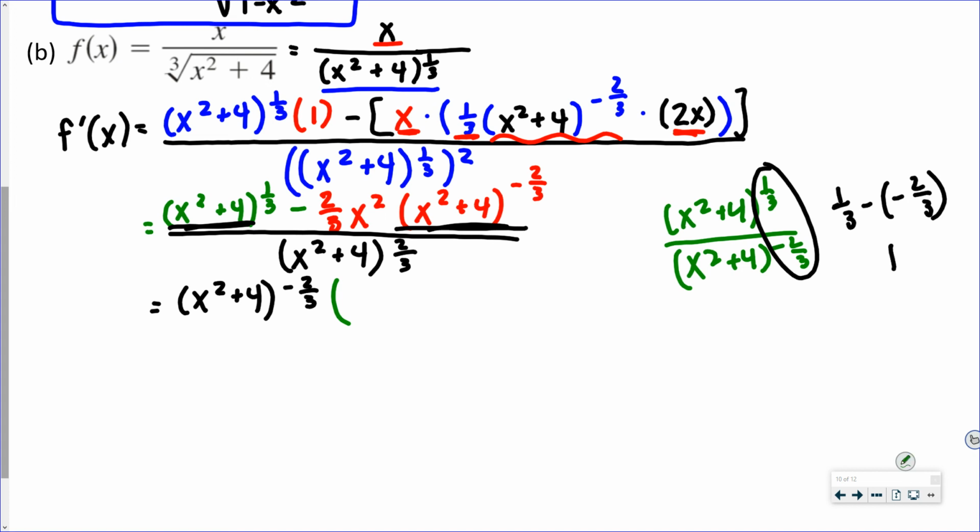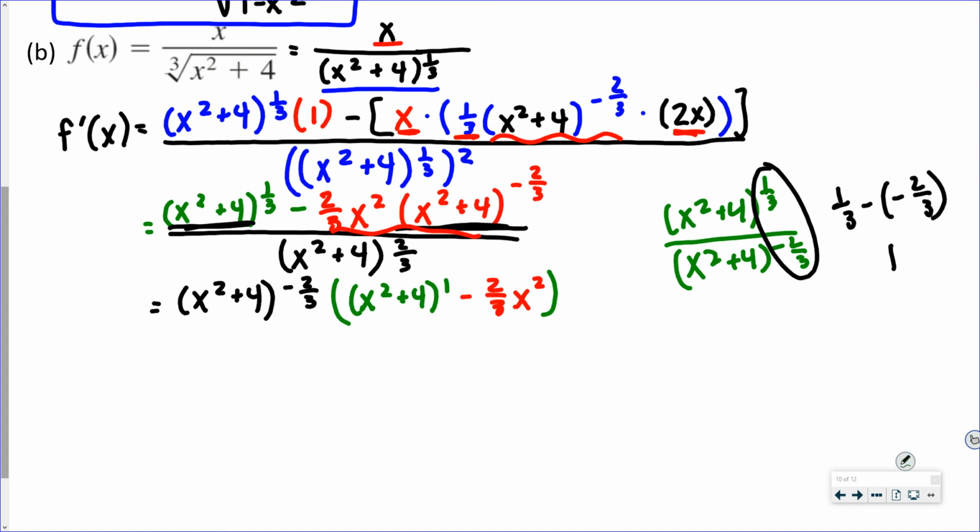So I'm just left with x squared plus 4 there. If you want to write the power of 1, you can, just for sake of remembering how we got that. Out of this term, I factor that out, so I'm just left with negative 2/3 x squared. Okay, everybody kind of see that?